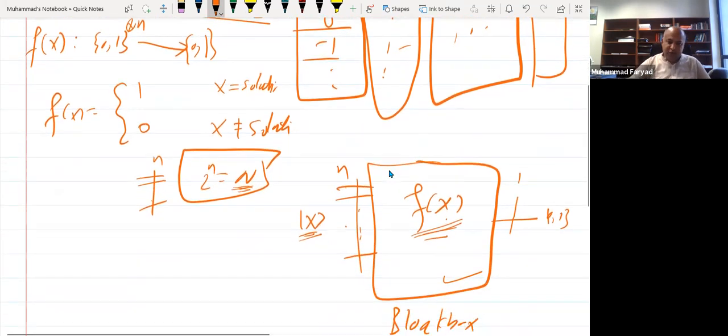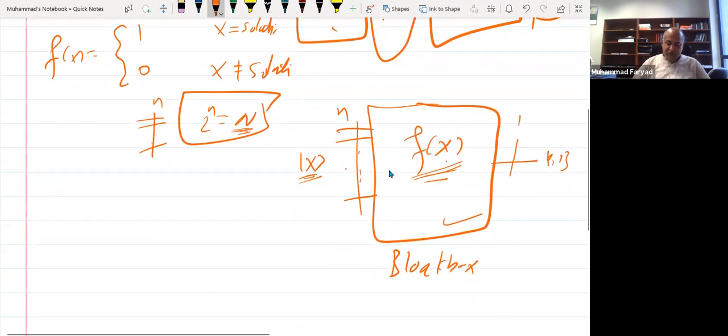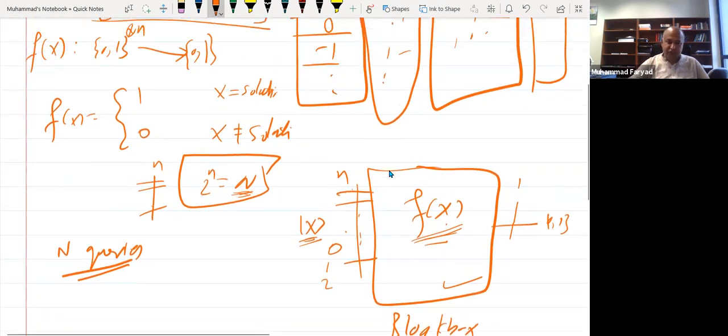So our classical solution will require us to give each index to this black box as input. So first we will give 0 and check if it gives us 1. Then we will give 1, check if it gives us 1, then we will put index 2 here, and so on. So in general, in the worst case, we will have to make N queries of this black box to know which one of the indices is a solution, because it is unstructured.